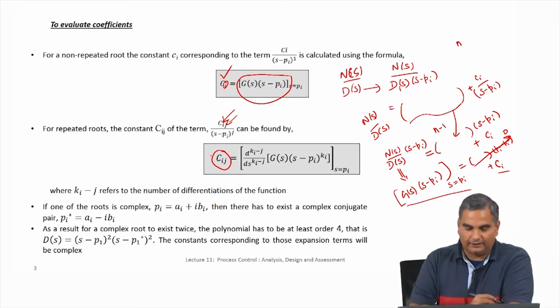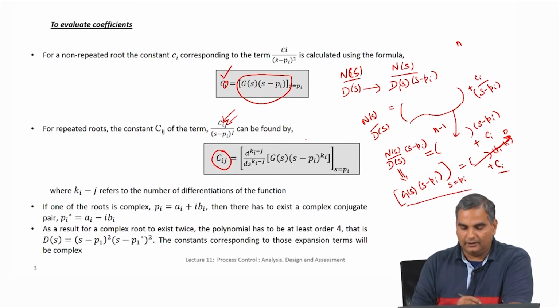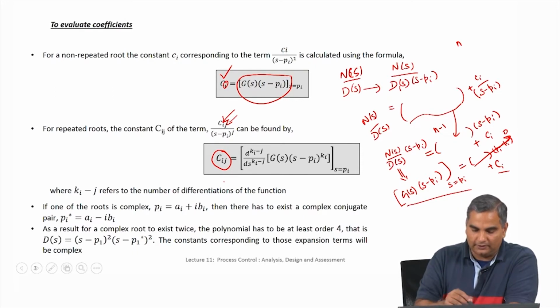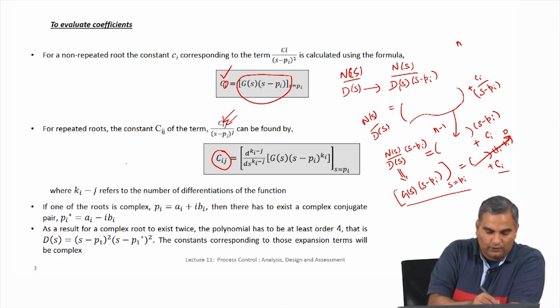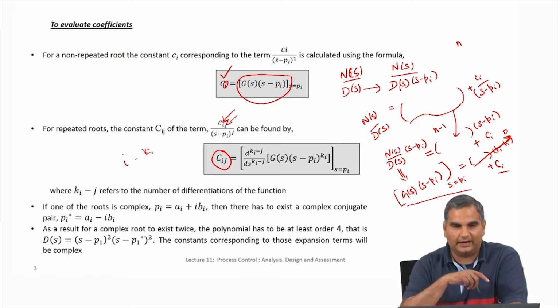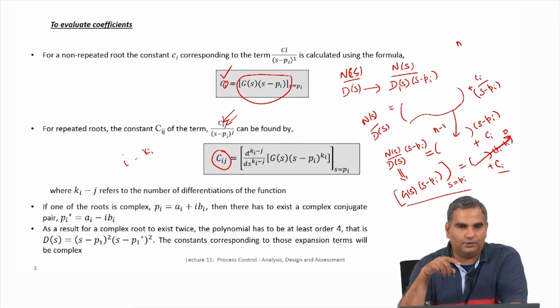So, Cij can be computed using differentiation, and the differentiation formula is this. What you do is assume that this ith root is repeated ki times. That is a notation we had used in the previous slide, where we said P1 is repeated k1 times, P2 is repeated k2 times, P3 is repeated k3 times and so on.